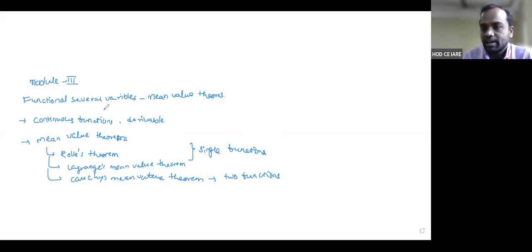If any function is said to be continuous, it must satisfy the condition that f of x is continuous at the point a if the limit as x tends to a from the left of f of x is equal to the limit as x tends to a from the right of f of x.